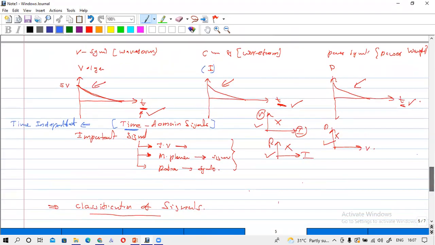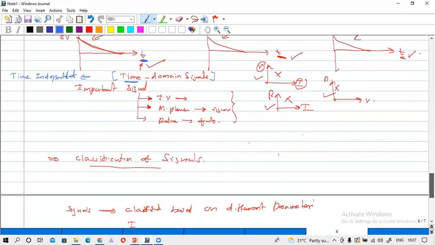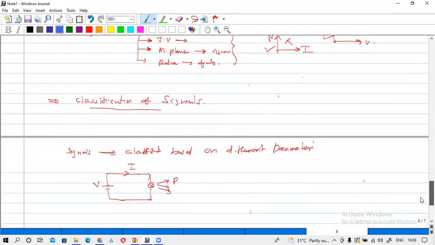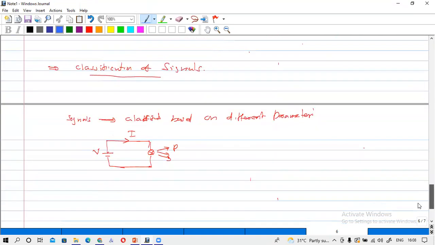So in our course, we are mainly dealing with time domain signals and frequency domain signals. That is why I take time here. In the time domain signal, time is the independent variable. In the frequency domain signal, frequency is the independent variable. So please try to remember these things, they will be very important in future.